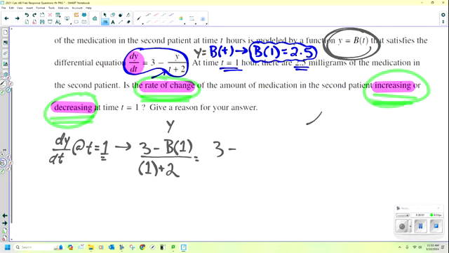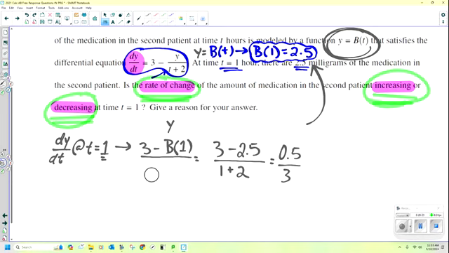Oh, look in our back pocket what we got. B of 1 is 2.5 over 1 plus 2. So we have 0.5 over 3. No, I lied. Look at me. The 3 is by itself. The t plus 2 is only below the B of 1.